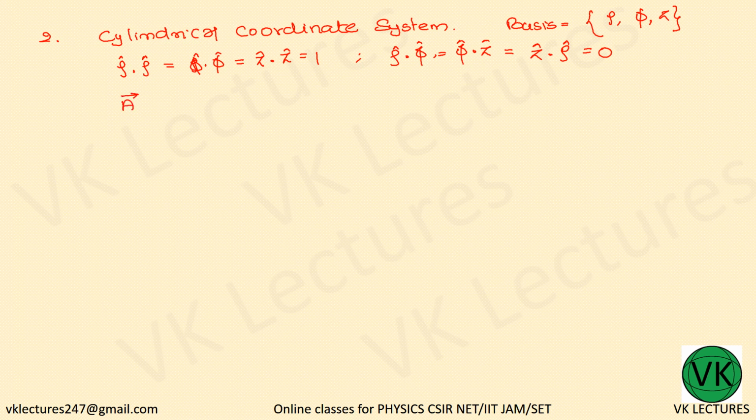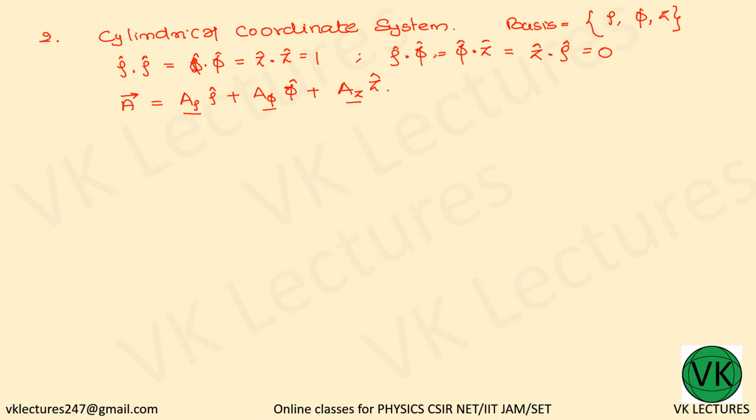Now any vector a in the cylindrical coordinate system can be represented by a rho rho cap plus a phi phi cap plus a z z cap. So a rho, a phi and a z are the coefficients of rho, phi and z.